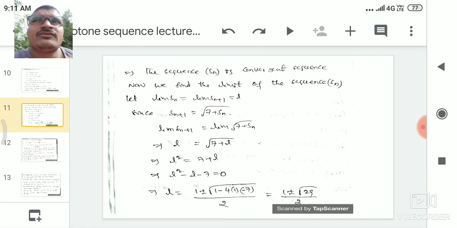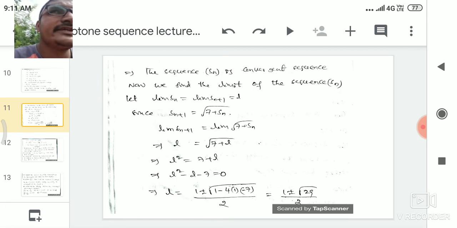Here is a quadratic equation. If ax square plus bx plus c is equal to 0 is a quadratic equation, the roots are x is equal to minus b plus or minus under root of b square minus 4ac, by 2a. Here a is 1, b is minus 1, c is minus 7.